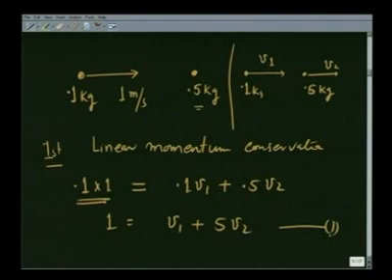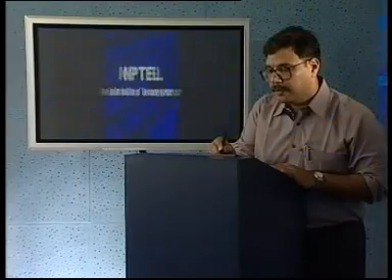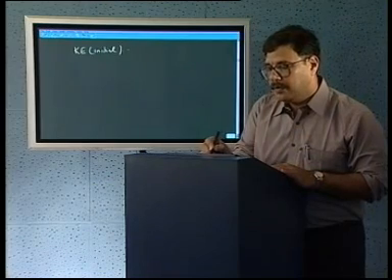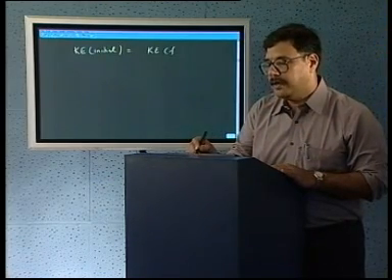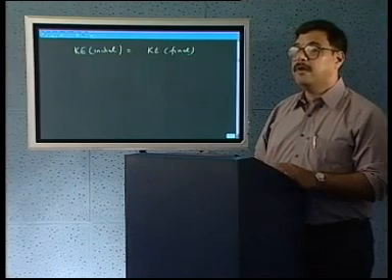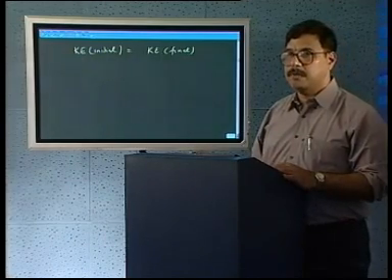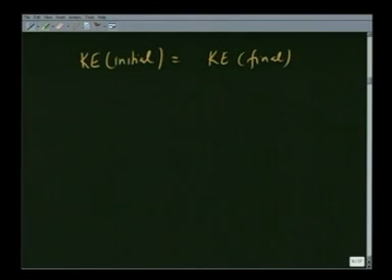Since there is no external force, so potential energy remains the same. The kinetic energy should remain the same if we assume the collision to be elastic, and therefore, KE initial is equal to KE final. I have not taken potential energy U into account because it remains the same, or on a horizontal surface it does not change, and therefore, I must have 1/2 times 0.1 times 1 square, that is initial kinetic energy.